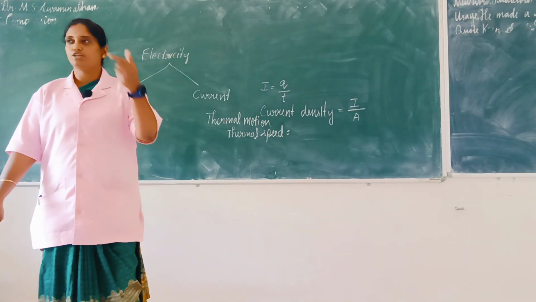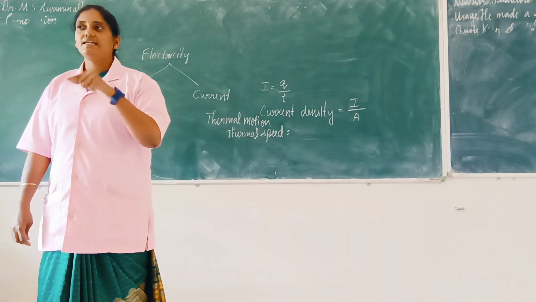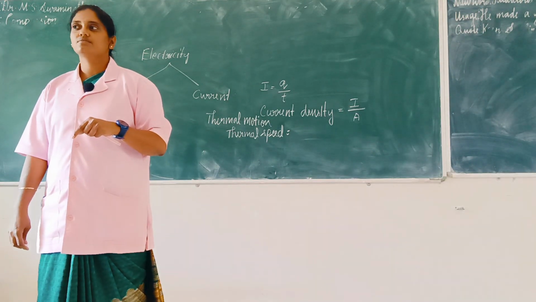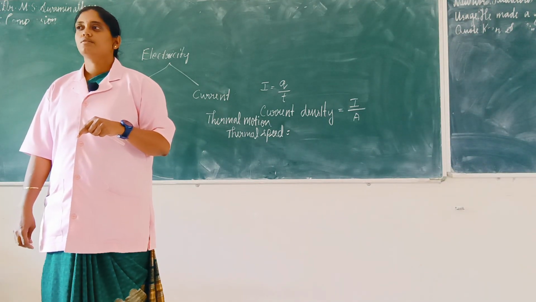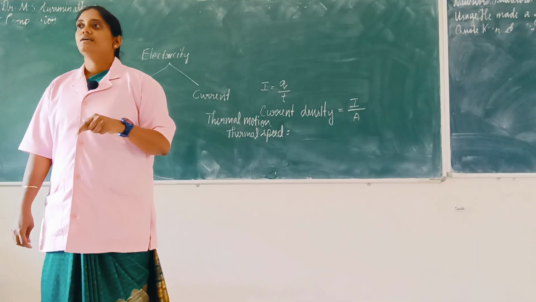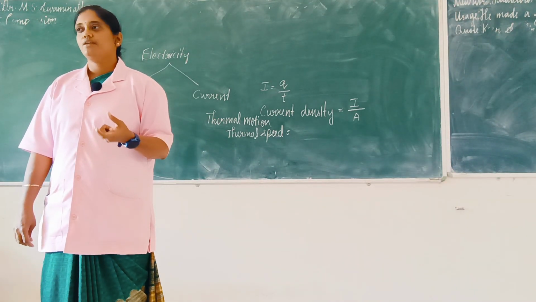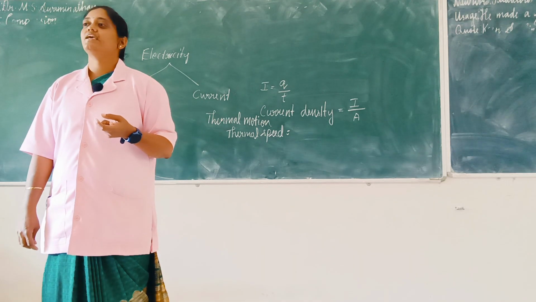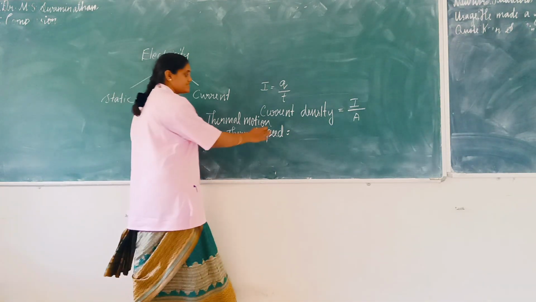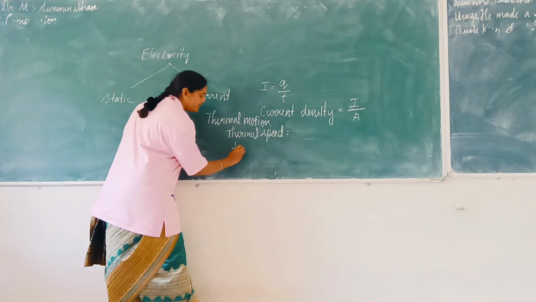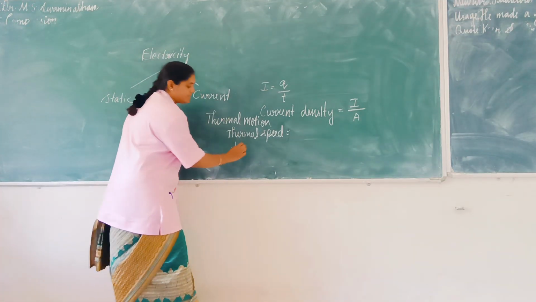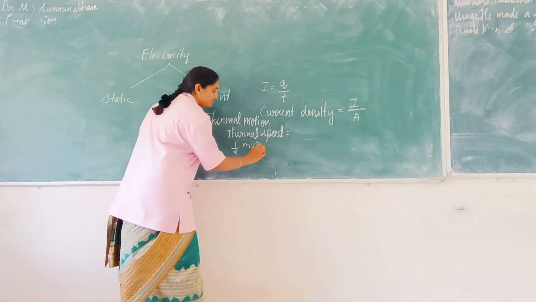It is moving because of some energy, isn't it? If some object is moving, we can calculate the energy, right? What type of energy is it? Yes, kinetic energy. So that energy is given as 1 by 2 m v square.